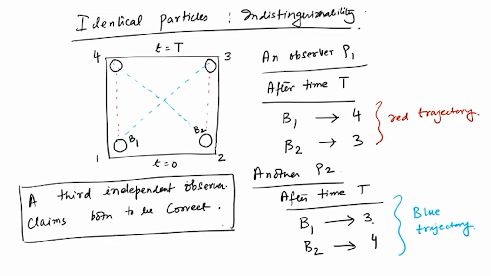And he is actually very correct in saying that, because these are indistinguishable particles and both seem to be correct. So, what allows us to distinguish one situation from another, that is, the situation which P1 reports and the situation which P2 reports?